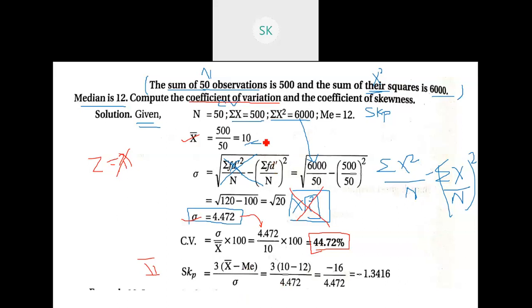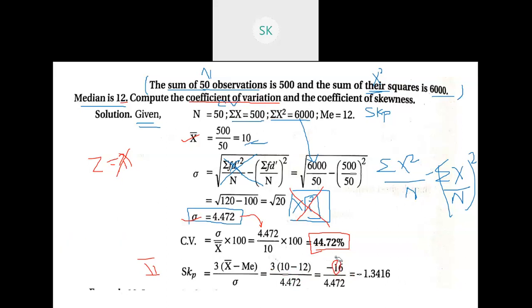So 3 into x bar, which is 10, minus the median, which is given as 12, divided by the standard deviation 4.472. So when you simplify, 3 into 10 minus 12, so 10 minus 12 is minus 2, into 3. Sorry, this is going to be minus 6. Okay, it is minus 6.